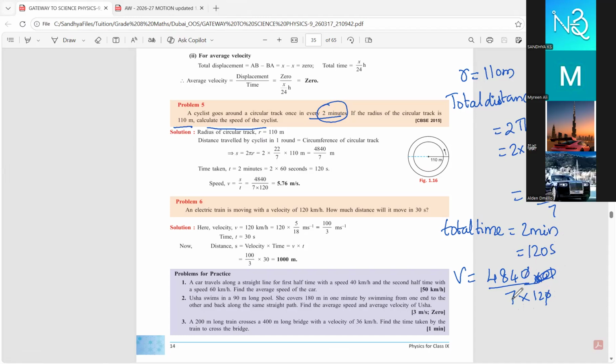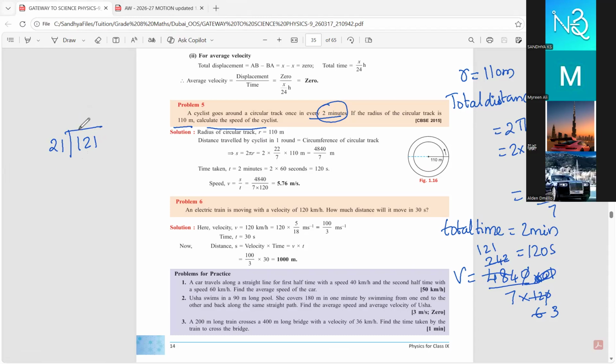Now 0, 0 get cancelled. 484 and 12 have common factors. 6 2s are 12, 2 2s are 4, 4 2s are 8, 2 2s are 4. Then again 3 2s are 6, 1 2s are 2, 2 2s are 4, 1 2s are 2. Okay, so 121 divided by 7 into 3, 21.